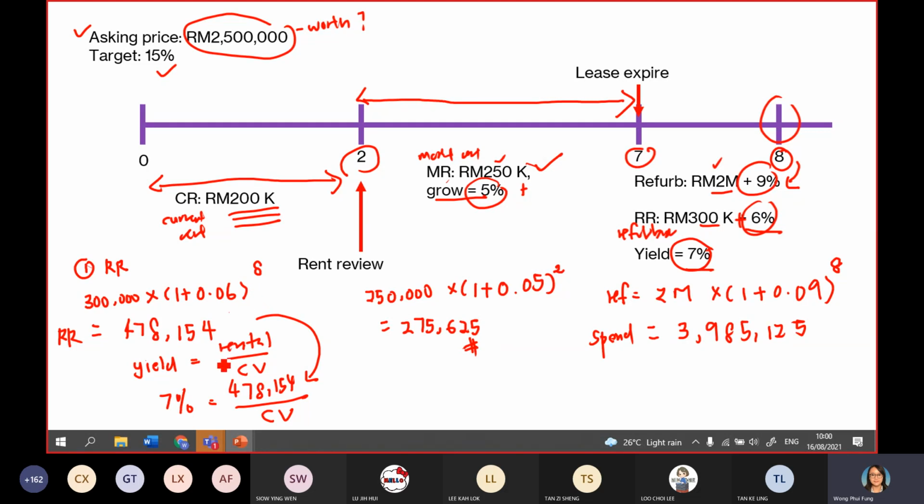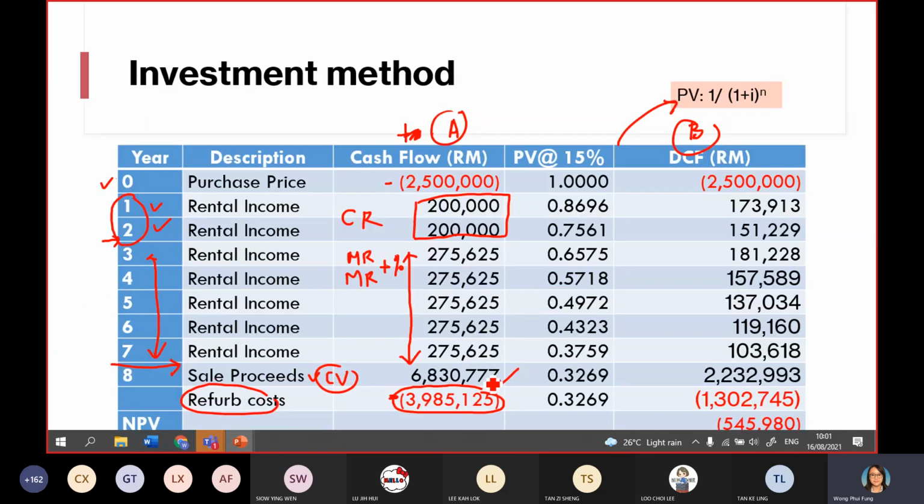Then after that, he says he wants to sell. So you have to calculate the capital value by using the yield formula, the investment method formula. 7% here given in the question equals the rental that you calculated divided by the CV. So from that, you can get the CV is this one. Okay, so A part done.